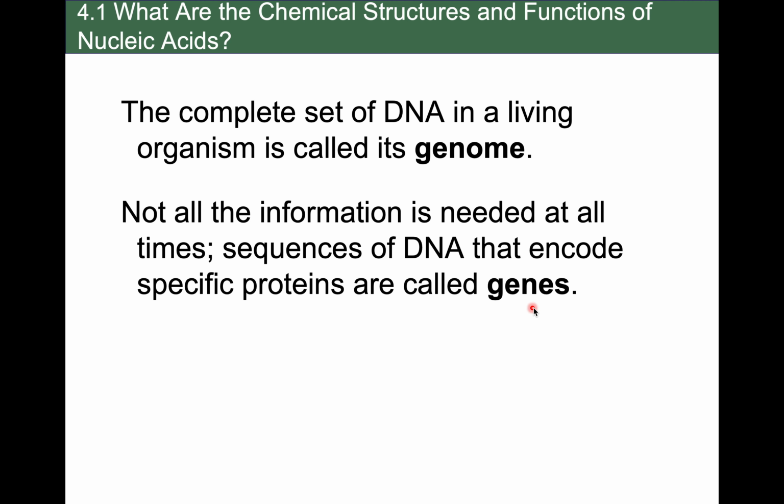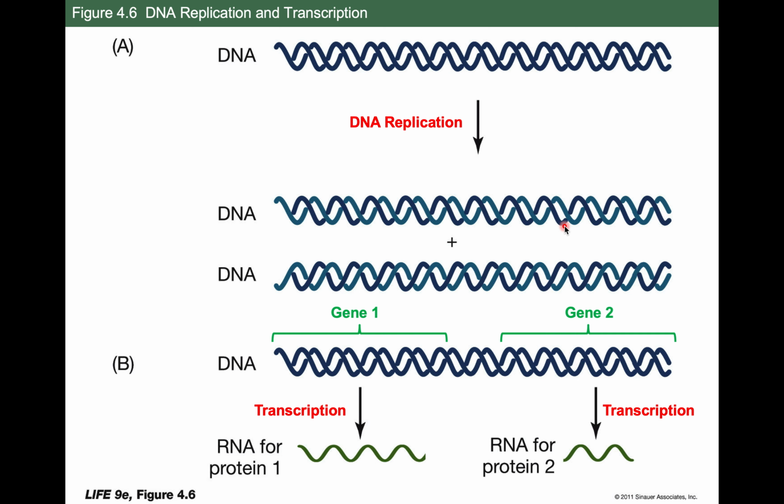And another key term when you're talking about DNA is genes. You always hear about genes. So what exactly are genes? Well, genes are just portions of a larger chromosome. You can think of a chromosome as a large DNA molecule. I've got a video that I'll link out to here in a minute describing chromosomes in a little bit more detail.